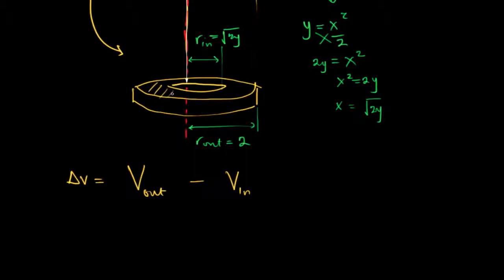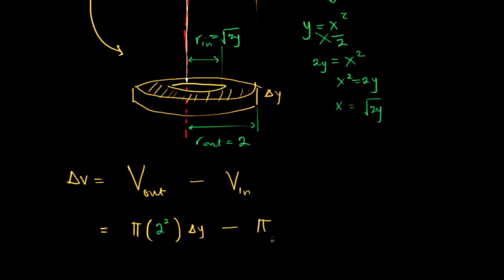I assume you understand what's happening here. Since the shape we have is a cylinder, the volume of the outer cylinder is just the formula for the volume of a cylinder, which is pi times the radius of the outer cylinder, 2, squared, multiplied by the height. We say the height is delta y.